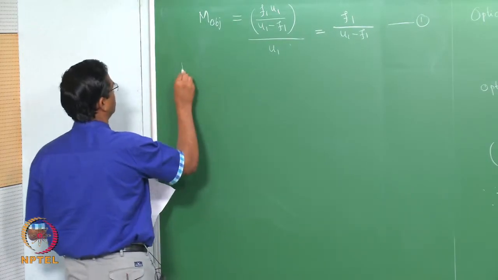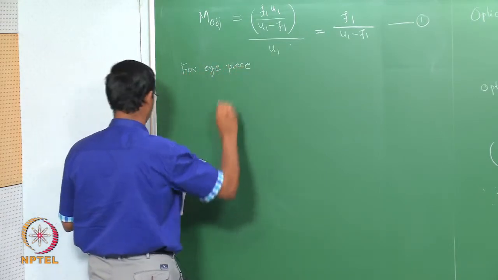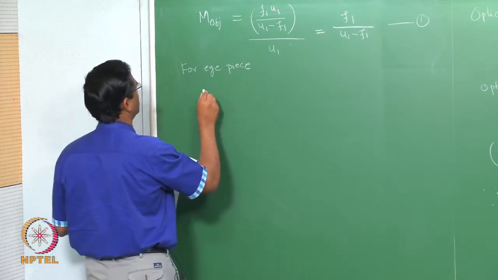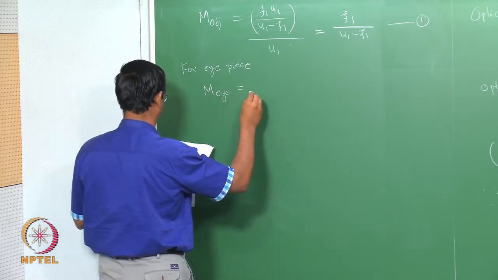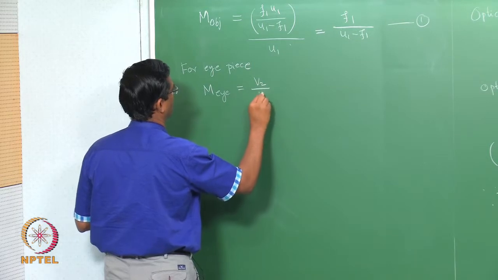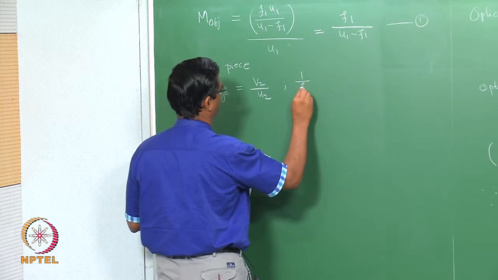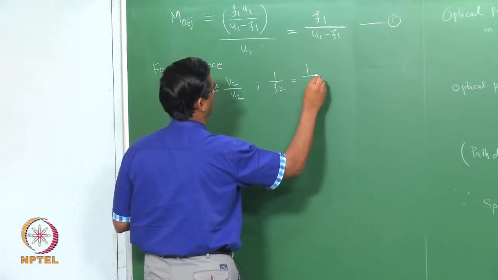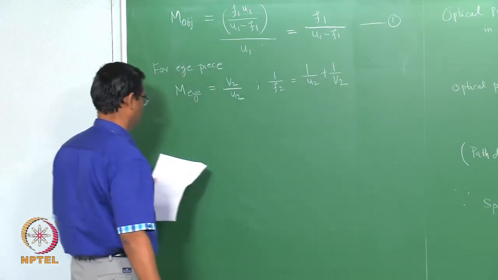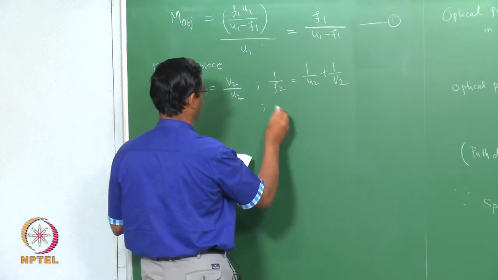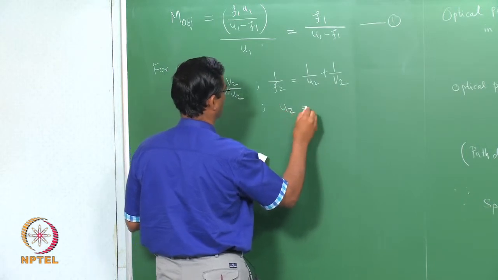Similarly, for the eyepiece, 1 by F2 equal to 1 by U2 plus 1 by V2, and we can derive a similar expression.